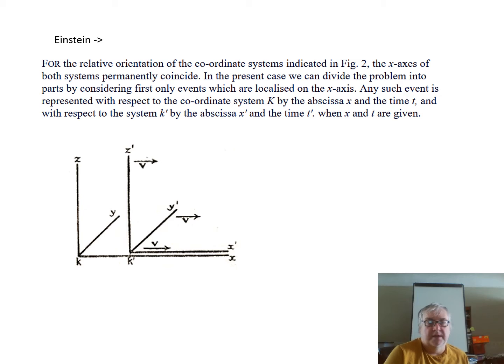Any such event is represented with respect to the coordinate system k by the abscissa x and the time t, and with respect to the system k prime by the abscissa x prime and the time t prime, where x and t are given.